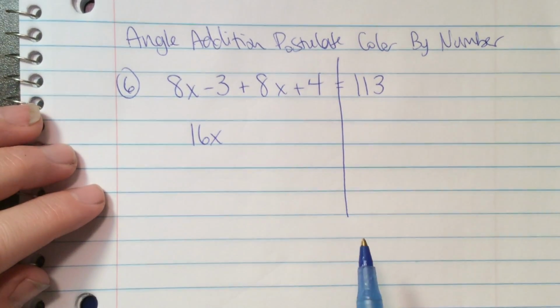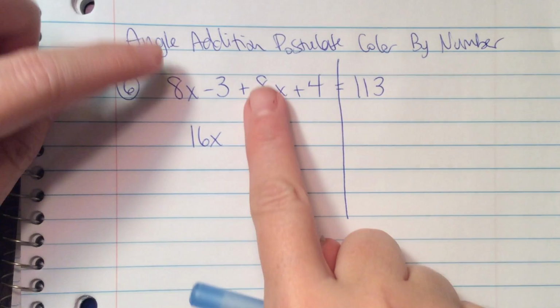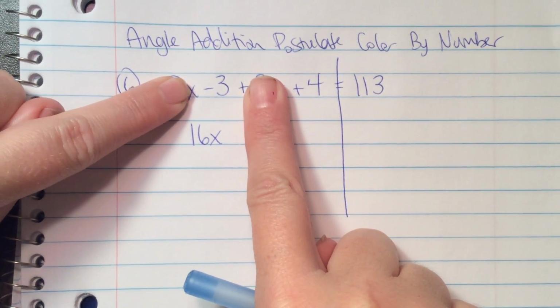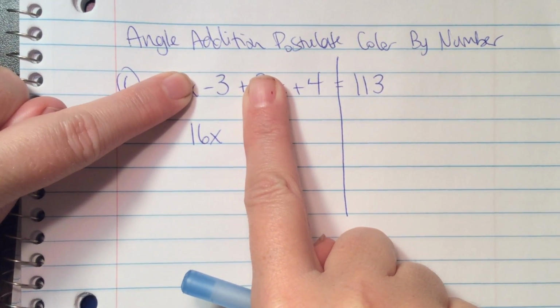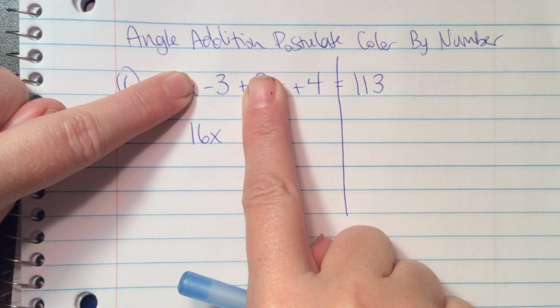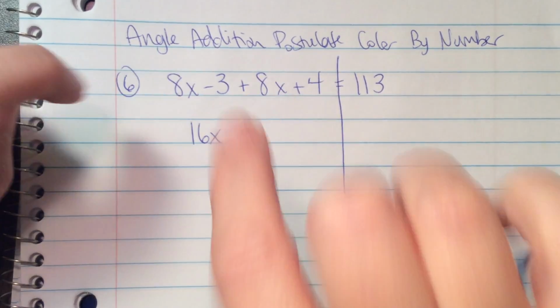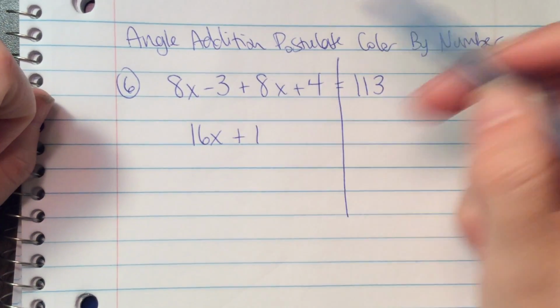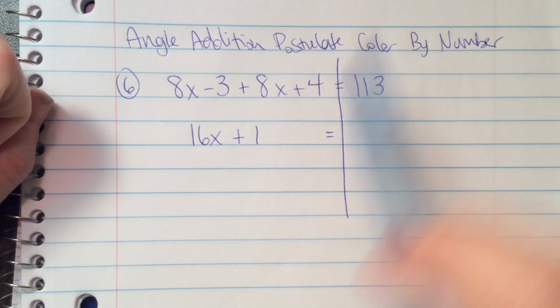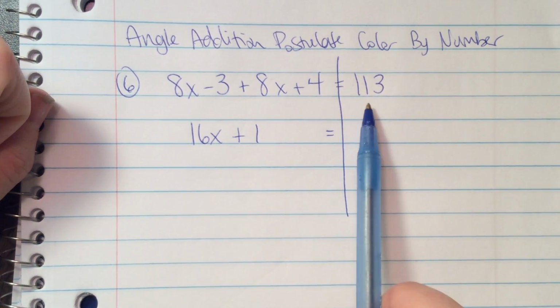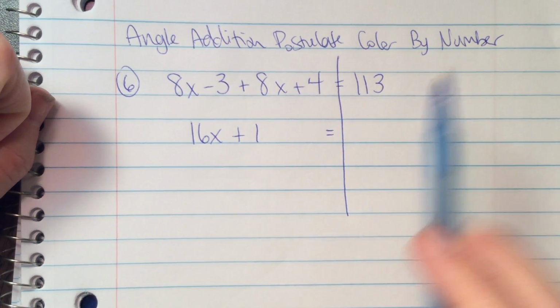So I have 16x. I also have a negative 3 and a positive 4 that I can put together. Negative 3 plus positive 4 is positive 1. So I really have 16x plus 1 equals 113.